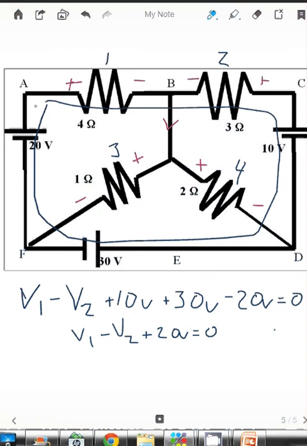All right, I'm going to pick a different loop, and there it is. I'm going to just stick around there, and there is a loop. Let's start and finish there. So still plus V1. Now plus V3 minus 20 volts equals 0.